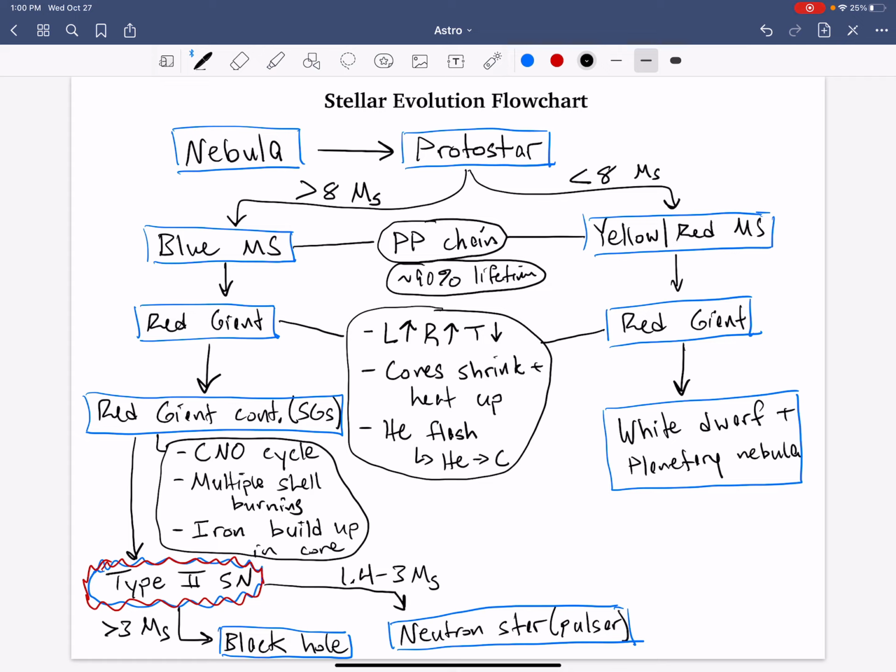And the white dwarf will then pull material off of that companion star. And if that white dwarf gets over 1.4 times the mass of the sun, remember that's the Chandrasekhar limit, then it will go type 1a supernova.